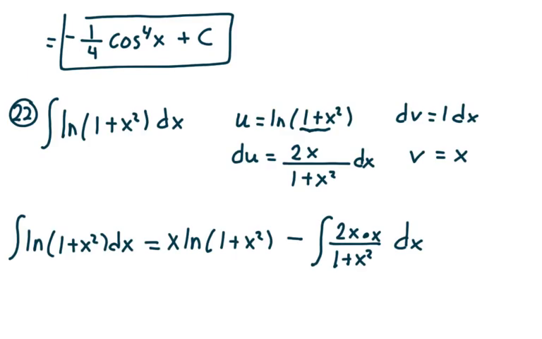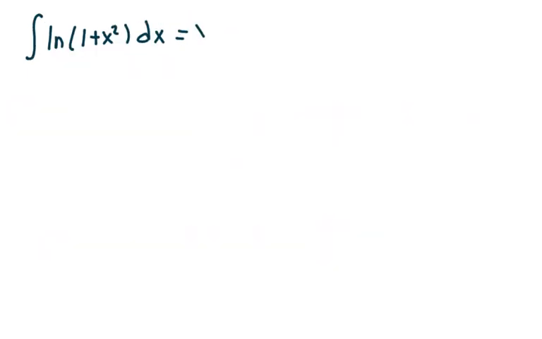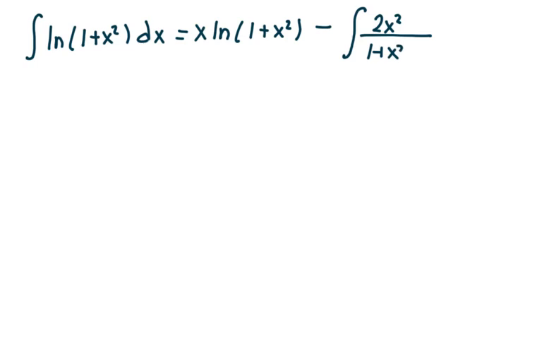And so the integral of natural log of 1 plus x squared dx is x natural log of 1 plus x squared minus the integral of 2x squared divided by 1 plus x squared dx.